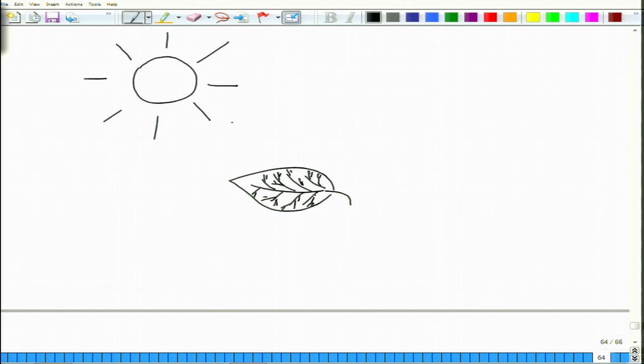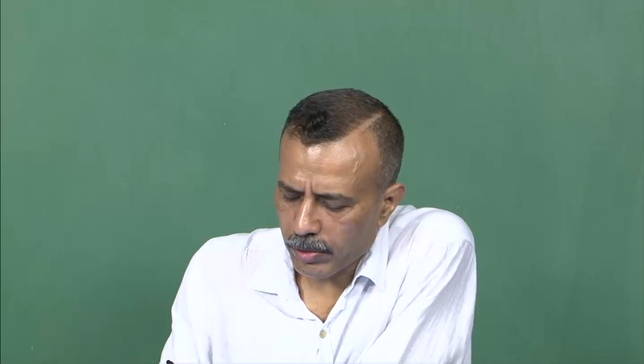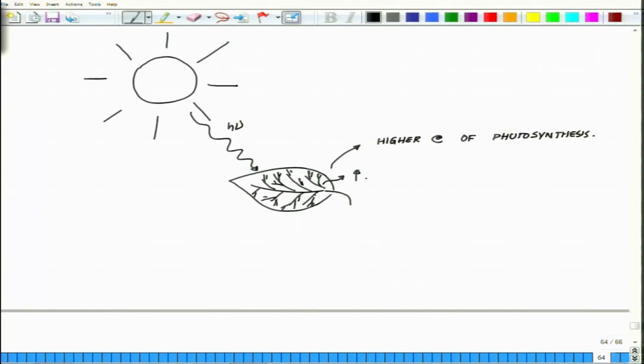Now, a higher rate of photosynthesis essentially means we are increasing the area of trapping the light. In other words, it means these plants will have a higher level of chlorophyll, which has already been documented.